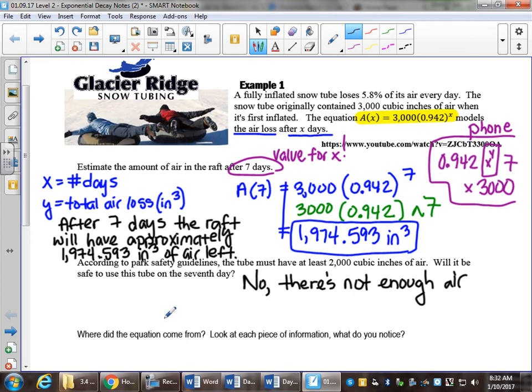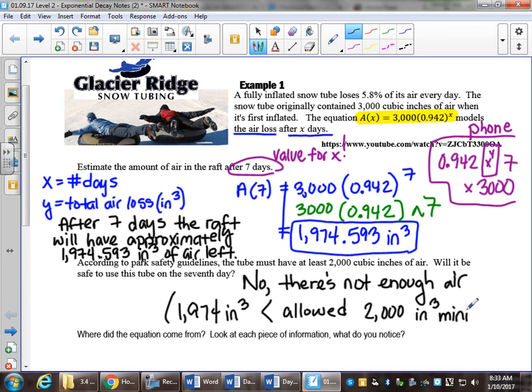If you wanted to quantify that with your answers, you got 1,974. That is definitely less than the allowed 2,000 cubic inches minimum. So on a quiz or a test, if you were asked to explain, don't just say no, make sure you actually give a reason.